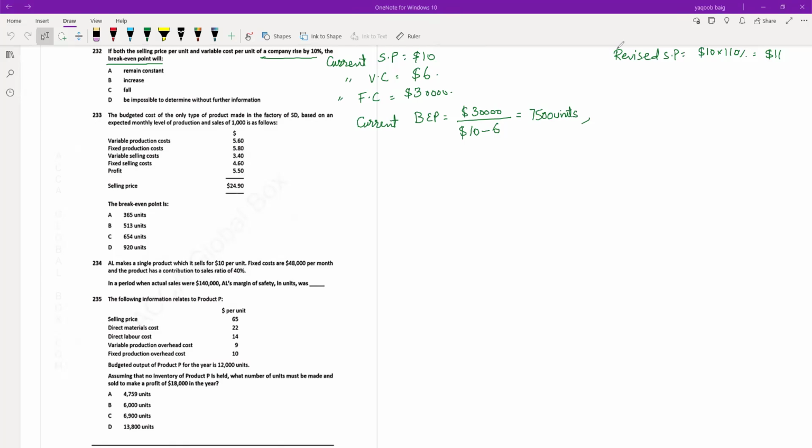Variable cost will also rise. So 6 rises by 10%, 6.6. So we will calculate the revised break-even point. Fixed cost is the same, divided by selling price of 11 minus 6.6. 30,000 divided by 11 minus 6.6.